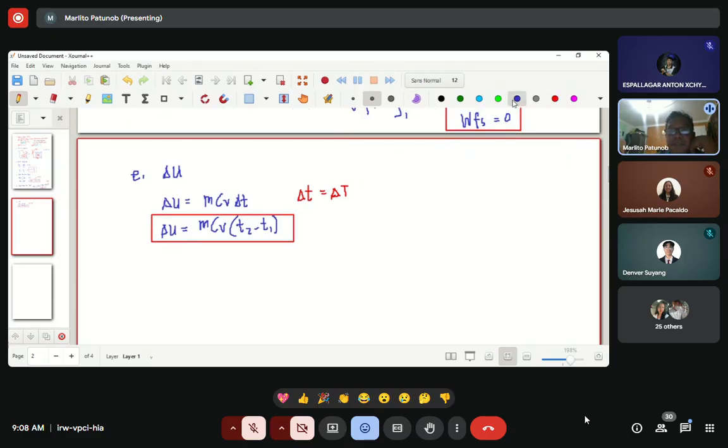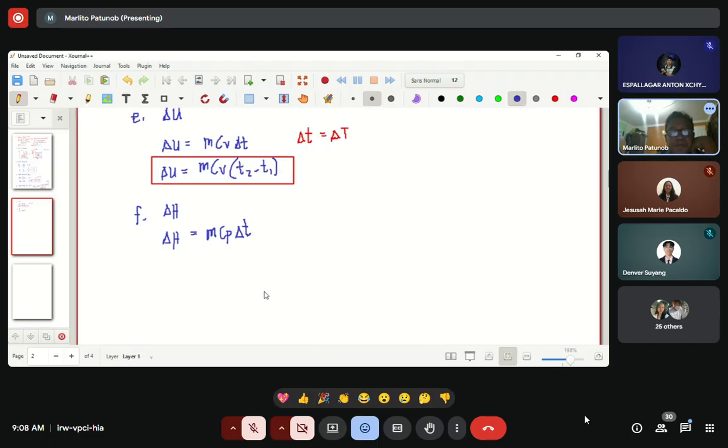And next we have F, the delta H. Your delta H is m Cp delta T, so your delta H is m Cp (T2 minus T1).